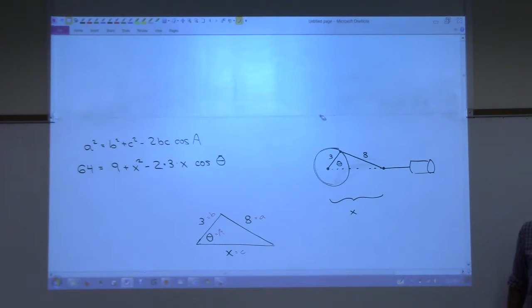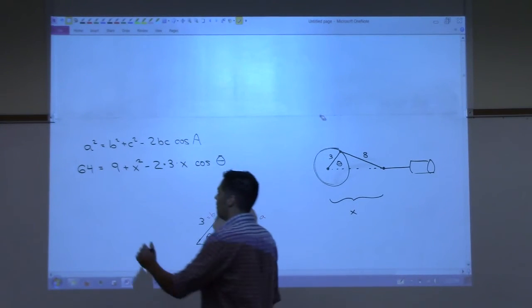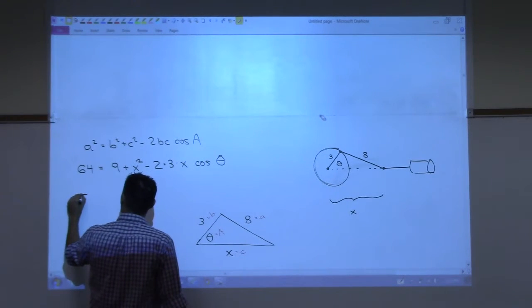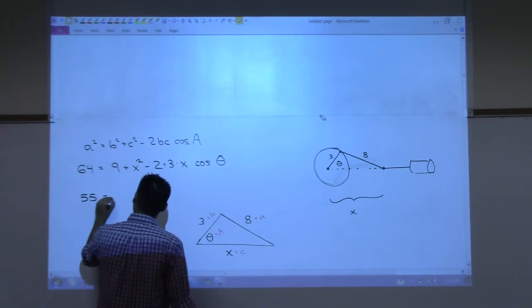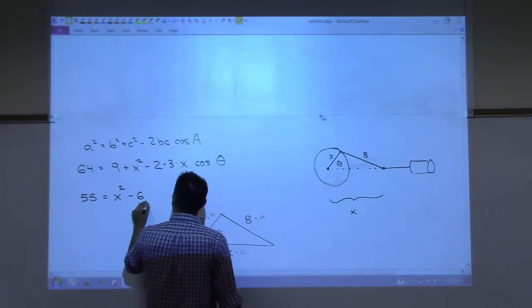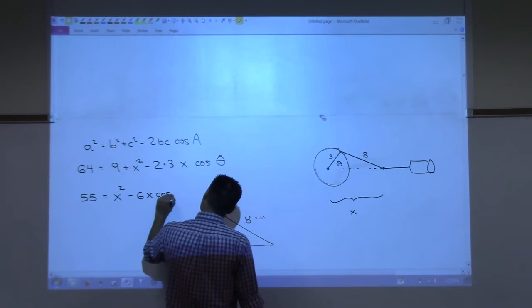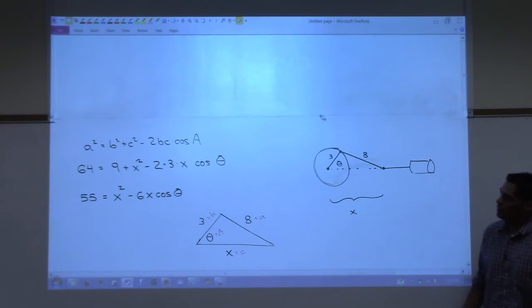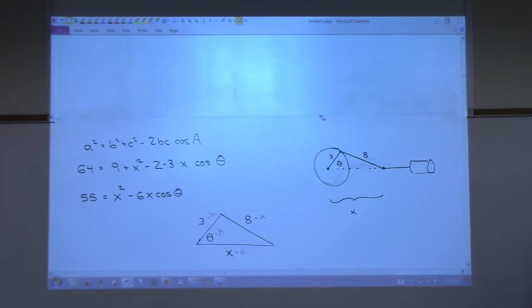Y'all okay with that? Wow. Let me clean it up a little bit. I can subtract the 9. If I subtract 9 from that, I get what? 55 equals, this is actually going to turn out to be really cool now that I see this. All right. That's what we have, right?